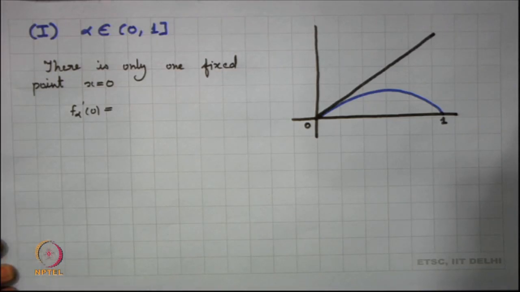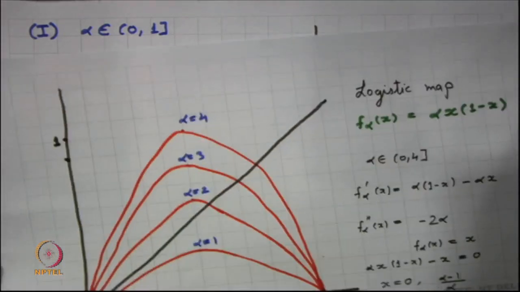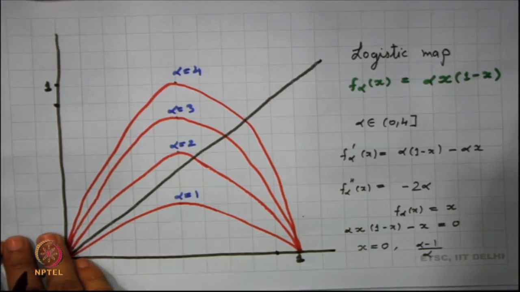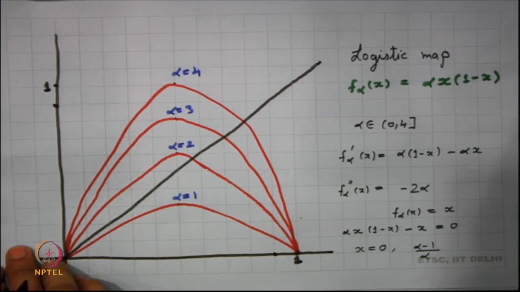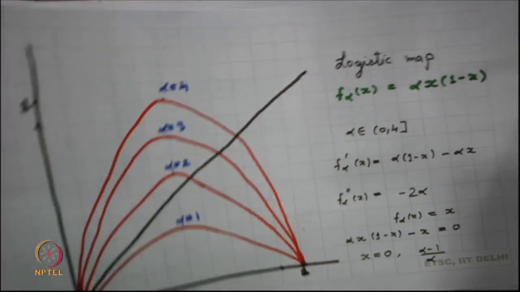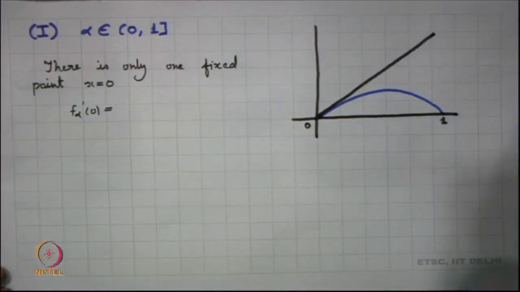So, let me again recollect, we have looked into this equation: f alpha prime of x is equal to alpha times 1 minus x minus alpha x. So, what is f alpha prime of 0 here? Yes, it is just alpha.